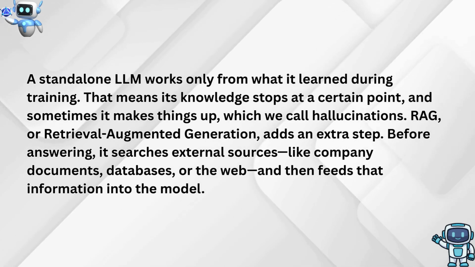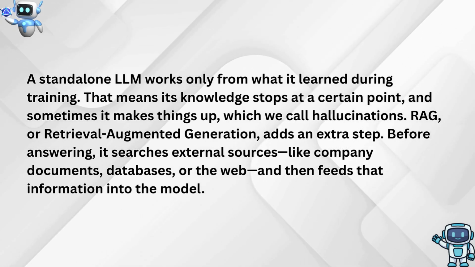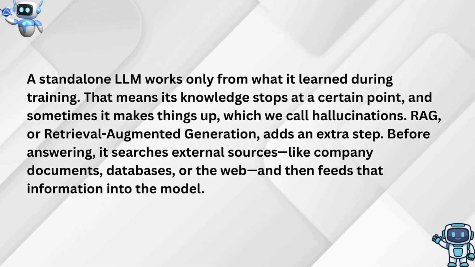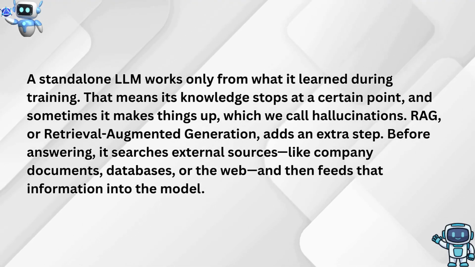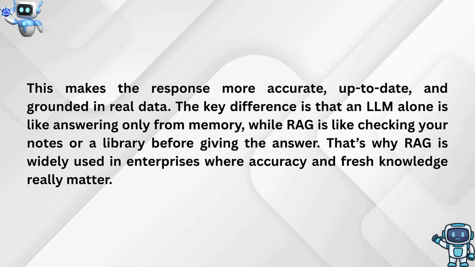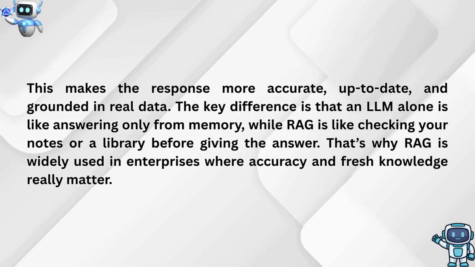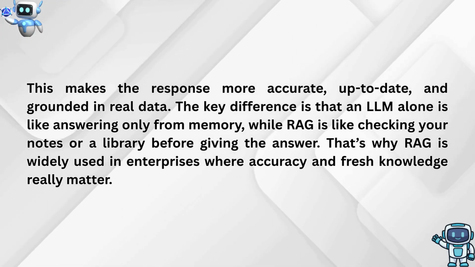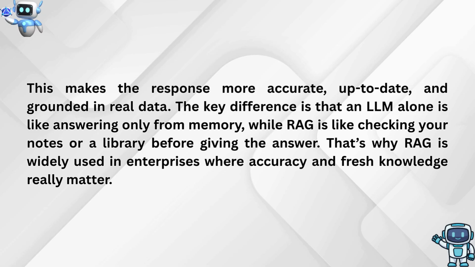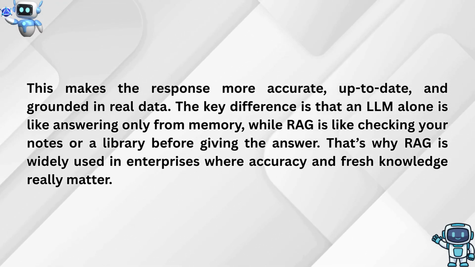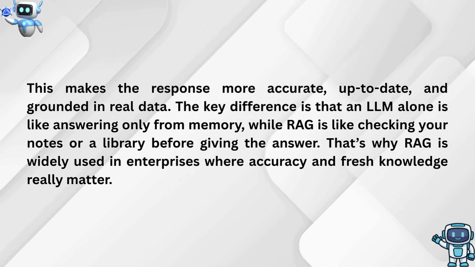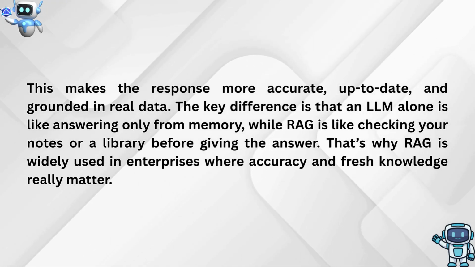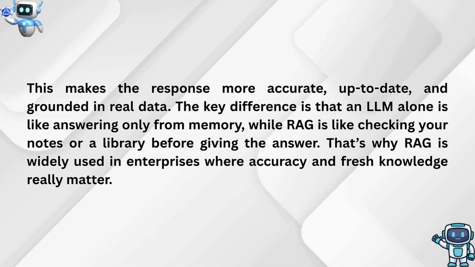Before answering, it searches external sources, like company documents, databases, or the web, and then feeds that information into the model. This makes the response more accurate, up-to-date, and grounded in real data. The key difference is that an LLM alone is like answering only from memory, while RAG is like checking your notes or a library before giving the answer. That's why RAG is widely used in enterprises where accuracy and fresh knowledge really matter.